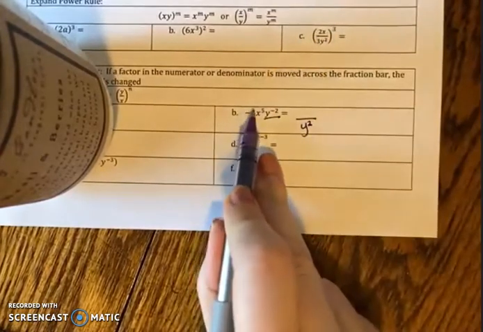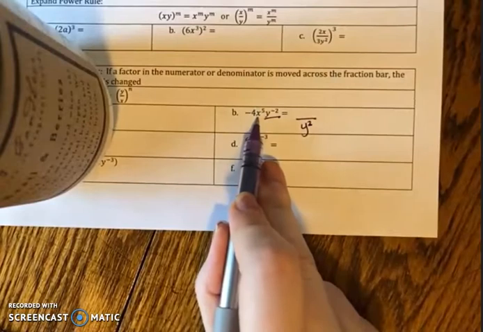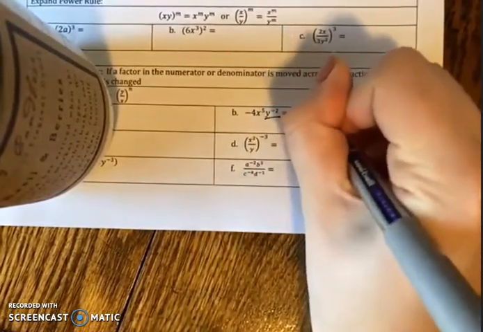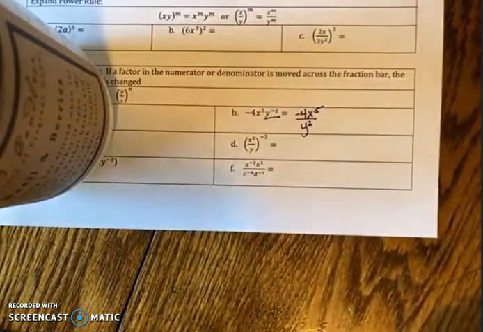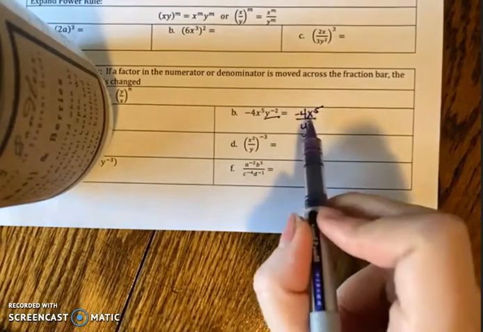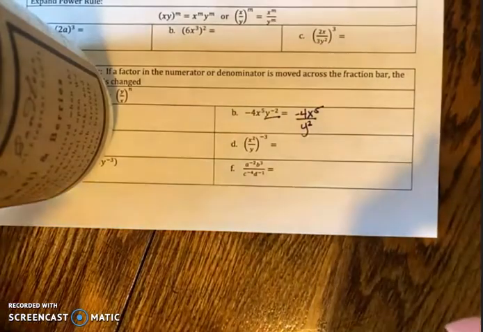The negative 4 is understood to be to the 1st power, and then the x is to the 5th power. Both of those are positive, so they're going to stay in the numerator position, leaving me with negative 4x to the 5th over y squared. Now I cannot simplify that any further because these are different bases.